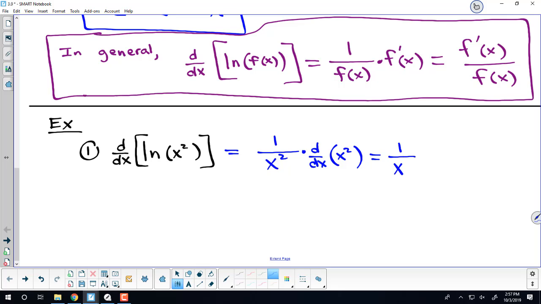So you have 1 over x squared times 2x. Which is just 2 over x. Any questions on that?